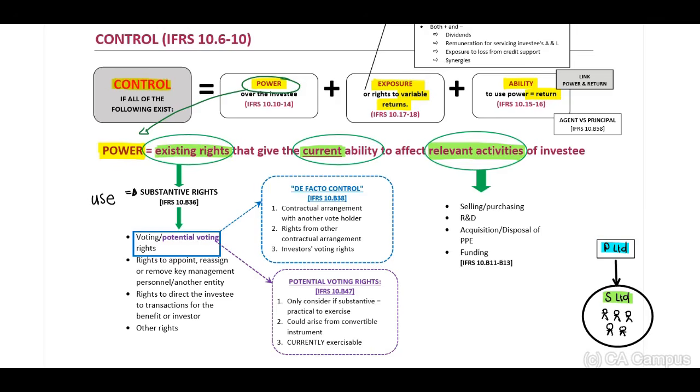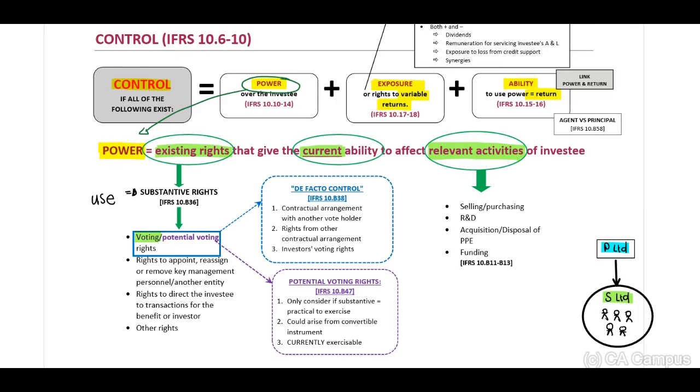Therefore, the holder will have voting power over the entity. Now, if you look at my example on the right side, this will be, for example, if P Limited has voting power to be able to use its rights at an AGM in terms of S Limited, we can debate that there is a substantive right, existing right. Right. Okay. Now, if P Limited has more than 50%, it's pretty straightforward.